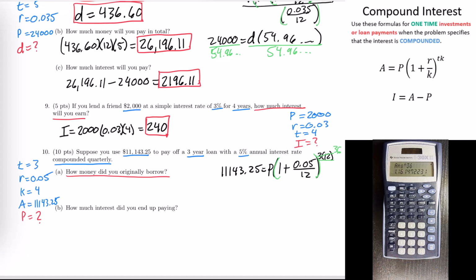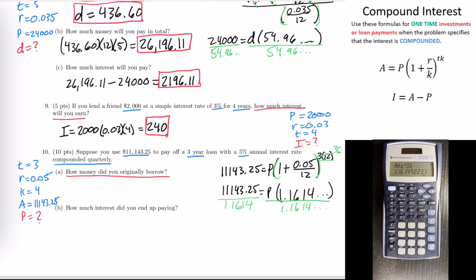So all of this stuff that I've calculated in my calculator gives me 1.1614, etc. And that number multiplied by P equals my $11,143 number. So to figure out what P is, I now just need to divide both sides by this decimal number that I found.